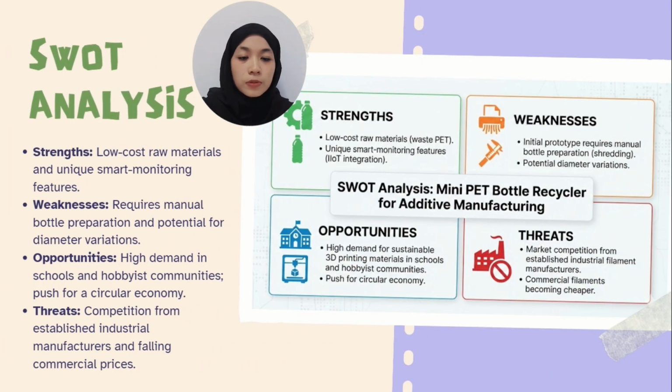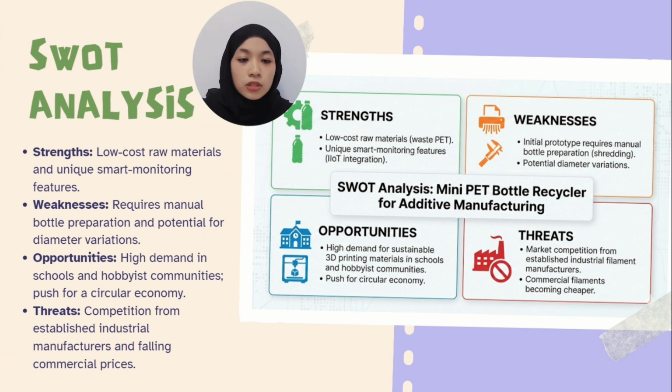On the next slide, I will present our SWOT analysis of our project. Our SWOT analysis consists of four items: strengths, weaknesses, opportunities, and threats. For strengths, we have low-cost material and unique smart monitoring features. For our weaknesses, we require manual bottle preparation and there is potential for diameter variations.